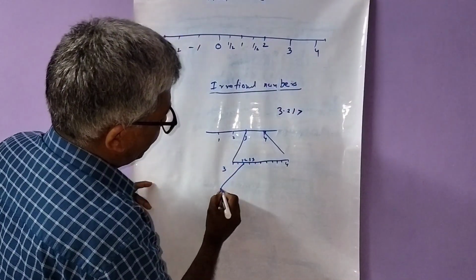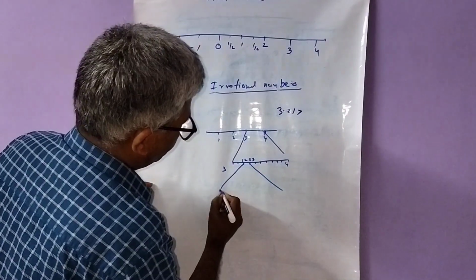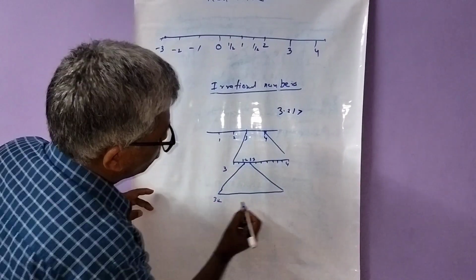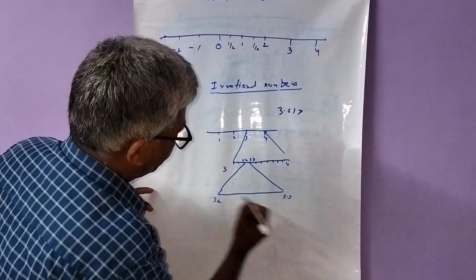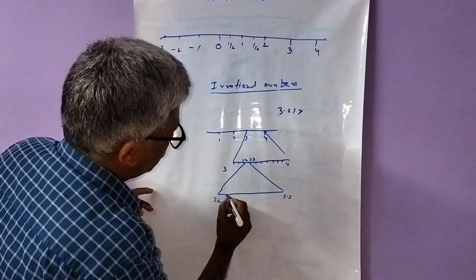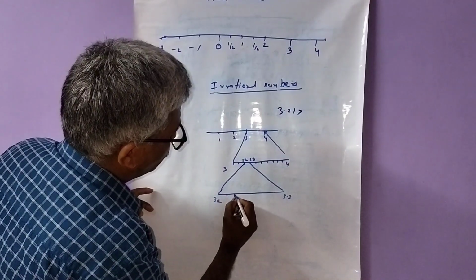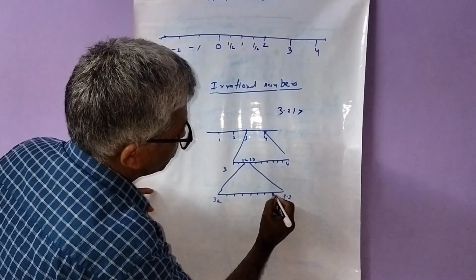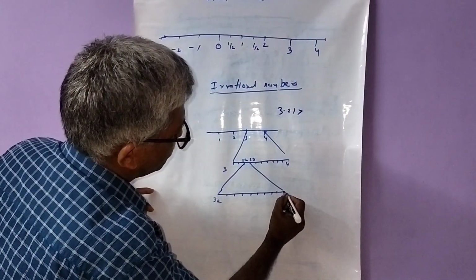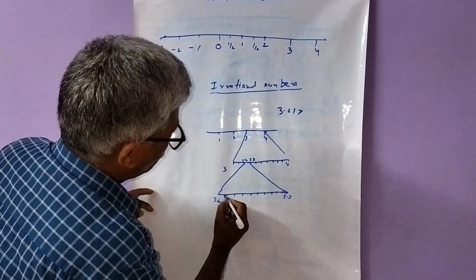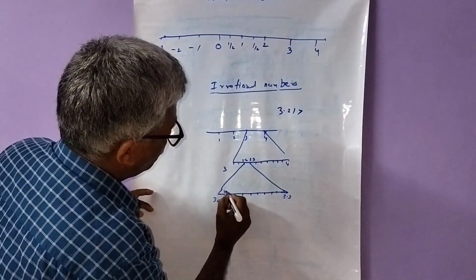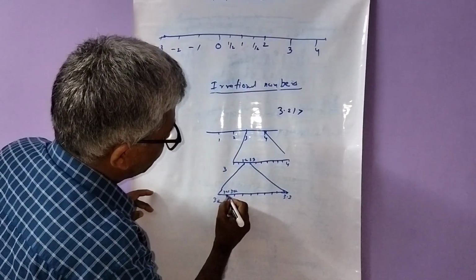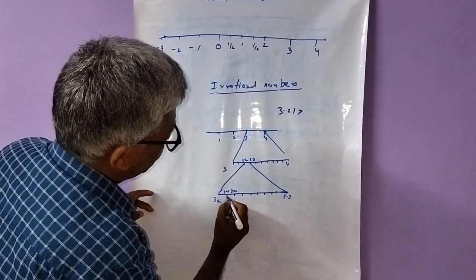So let us magnify this one again. This will be 3.2, 3.3. So if you see 3.21, 3.22, 3.23, 3.24, 25, 26, 27, 28, 9, 0. So this number lies between 3.21 and 3.22.